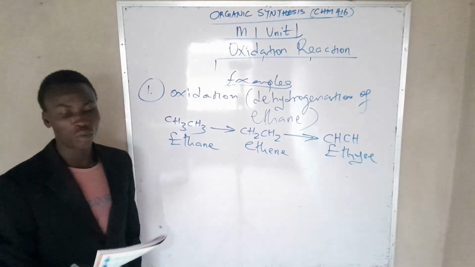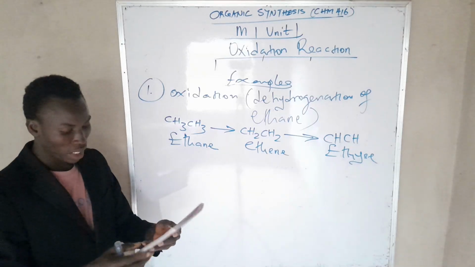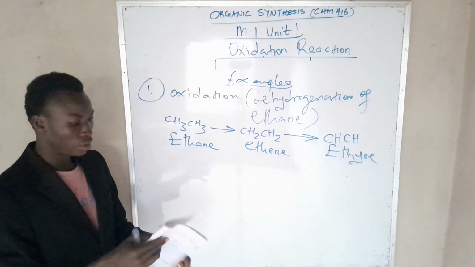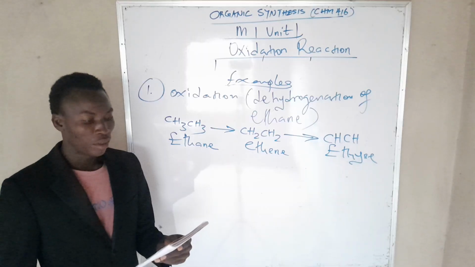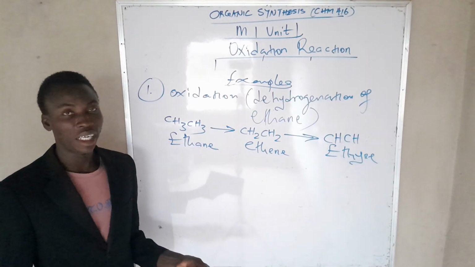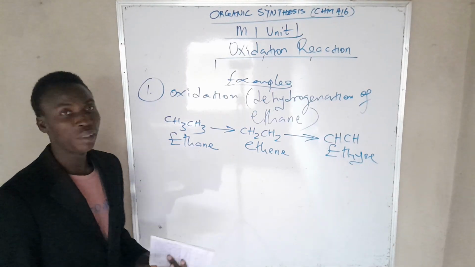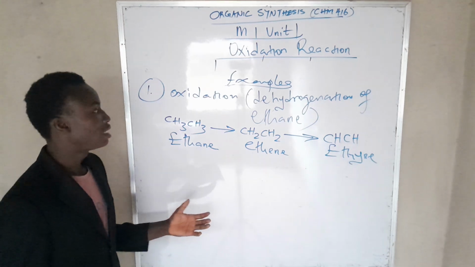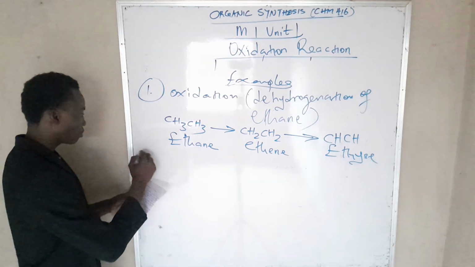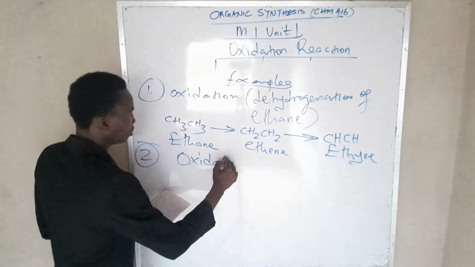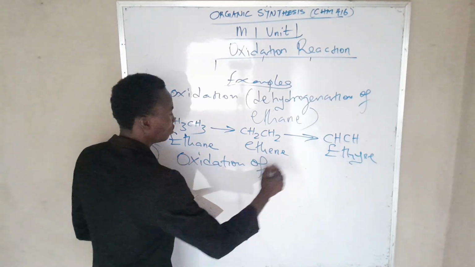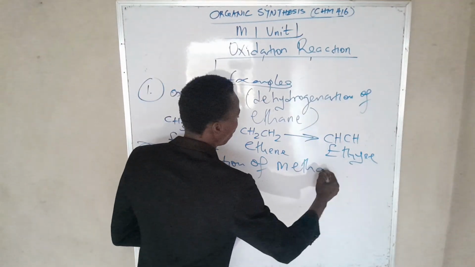The second one has to do with the degree of oxidation increasing, as in the case of methane. In the case of methane, what actually happened there? That is the oxidation of methane.